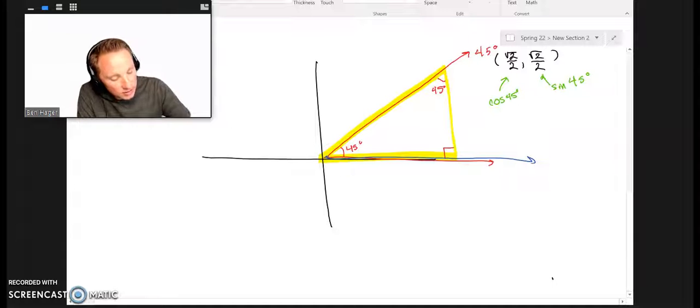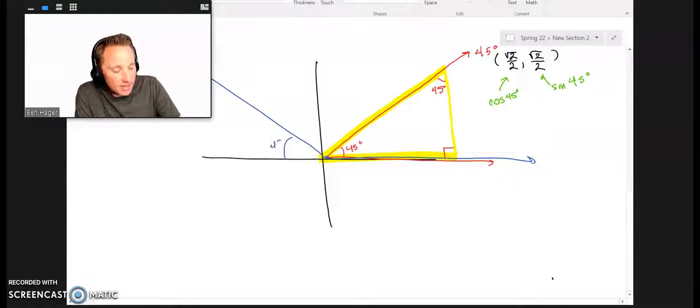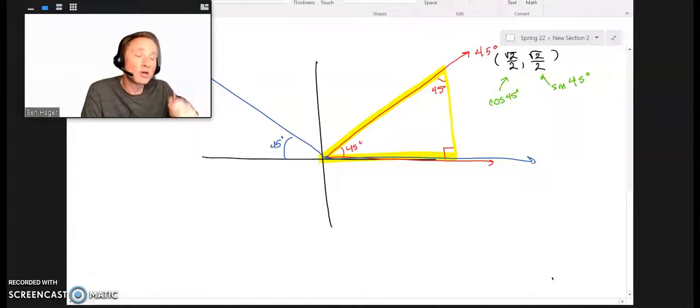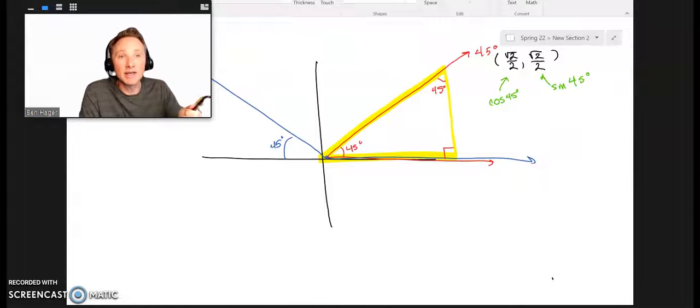Let's see if I could draw it a little nicer. Because it's 45 degrees off the x-axis. Whether it's above or below, that doesn't matter, but if you're a 45-degree distance from the x-axis, then you have a 45-degree reference angle, and therefore your cosine and sine is common to every other angle whose reference angle is 45 degrees.